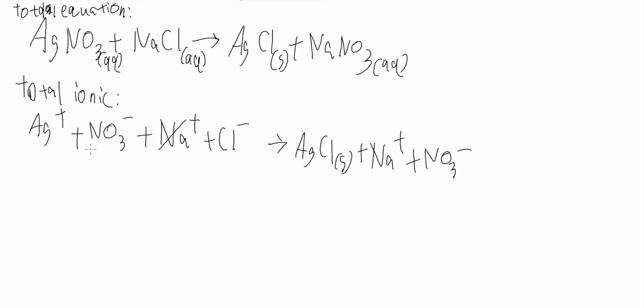Since sodium and nitrate are on both sides of the equation, they're considered non-relevant, or spectator ions. So in an FRQ, you might be asked, what are the spectator ions in this reaction? You would say sodium and nitrate since they're on both sides. These are called spectator ions.